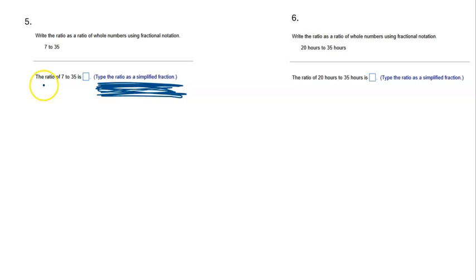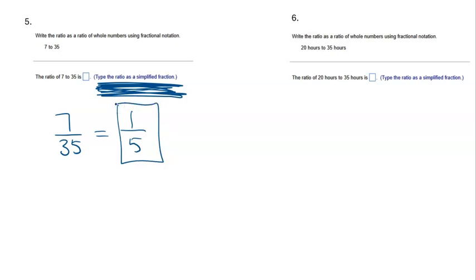So when you do this, the ratio of 7 to 35 is 7 over 35. Now we have a greatest common factor here, right? 7 divides by 7 and 35 is also a multiple of 7. So 7 divided by 7 is 1. 35 divided by 7 is 5. And that gives me the simplified ratio of 1/5.